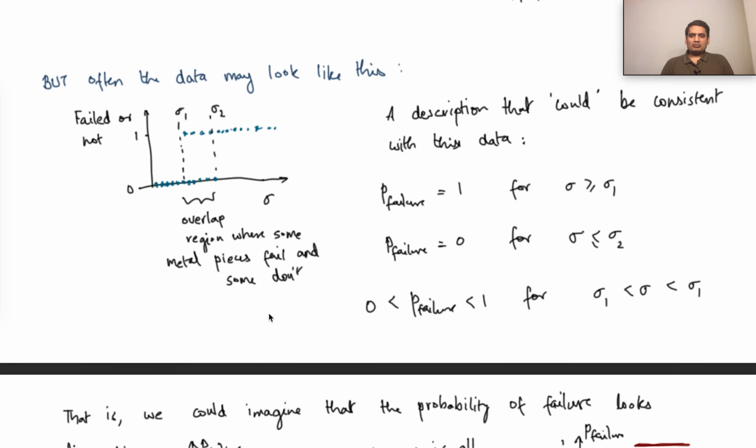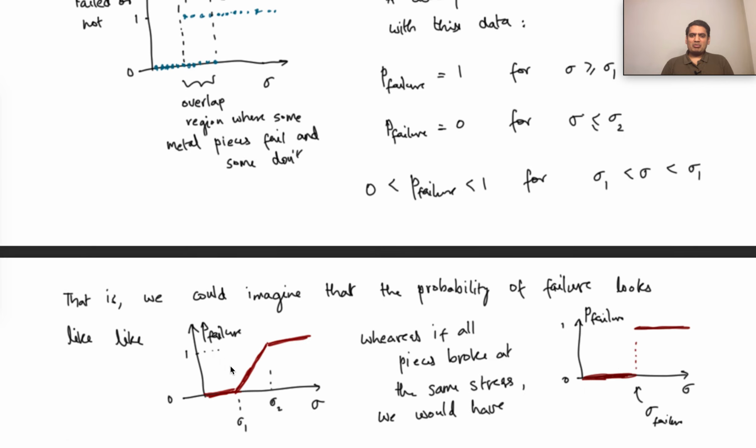Here, for data that looks like this, maybe you want to summarize it by fitting a function of this form, where the failure probability is 0 when you are less than sigma 1, the failure probability is 1 if sigma is greater than sigma 2, and then maybe the failure probability increases linearly between these two stress levels.